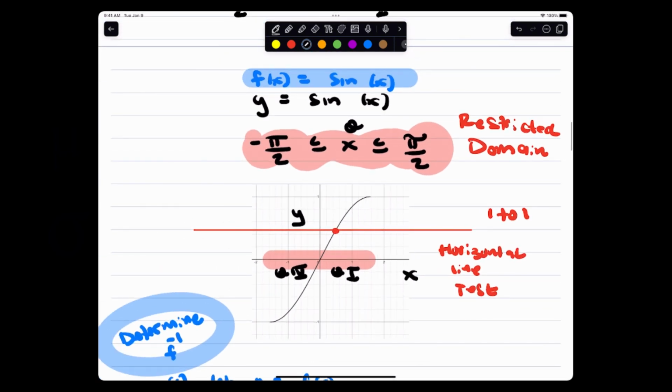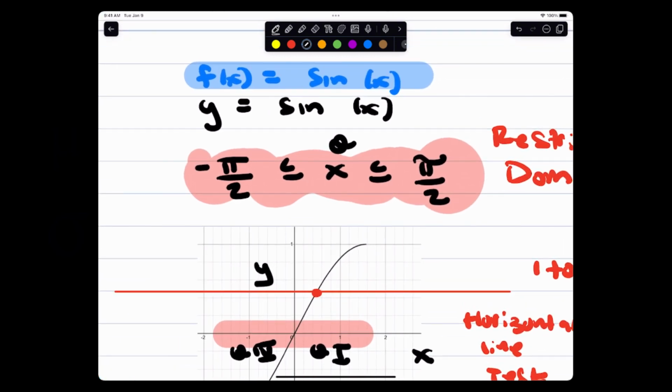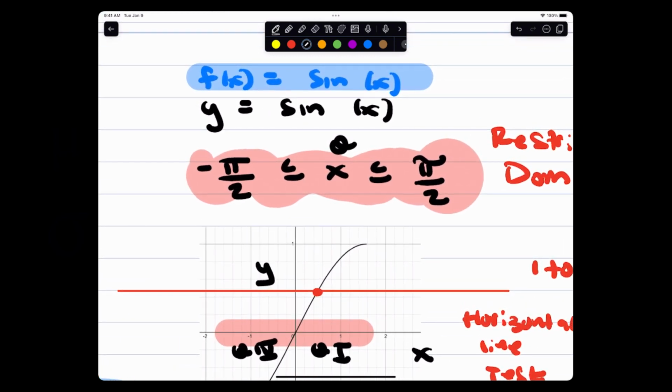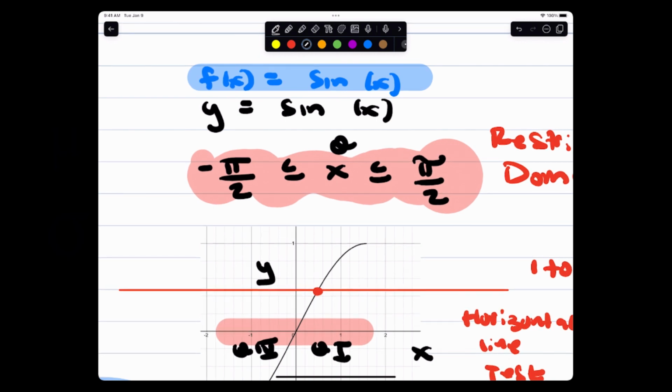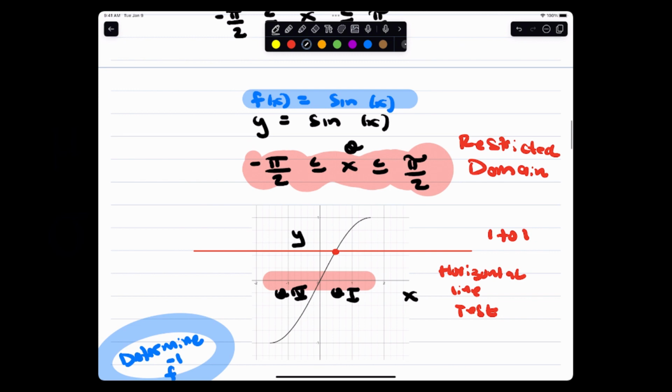When we threw out x values, we actually threw out quadrant 2 and quadrant 3 because we can only have sine be defined for negative pi over 2 to positive pi over 2. Negative 90 degrees to positive 90 degrees. So there is no quadrant 2 or 3 anymore. You restricted your domain.